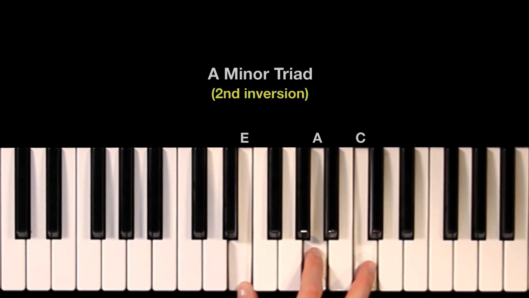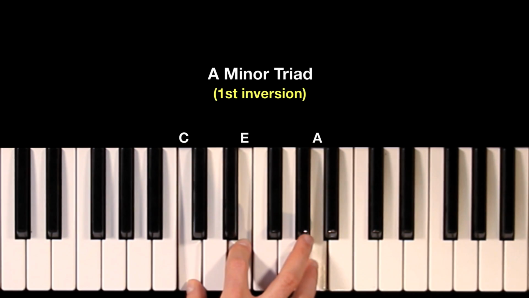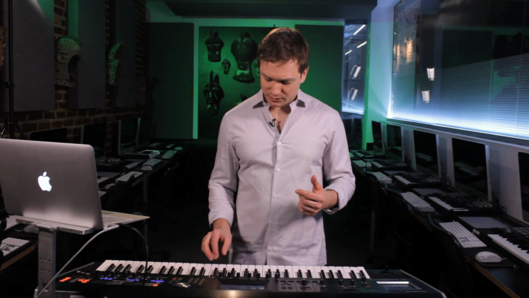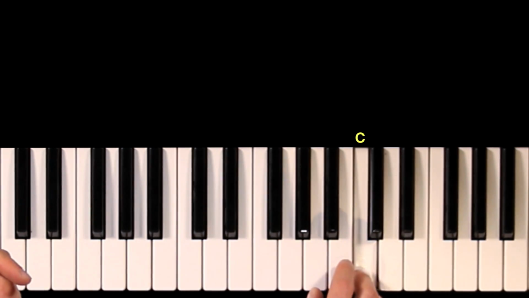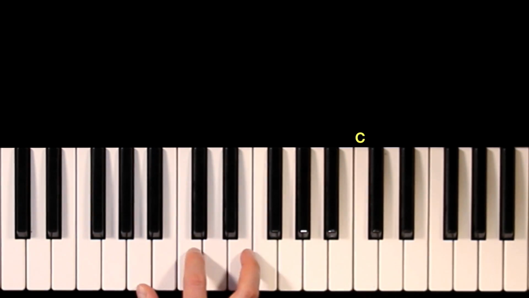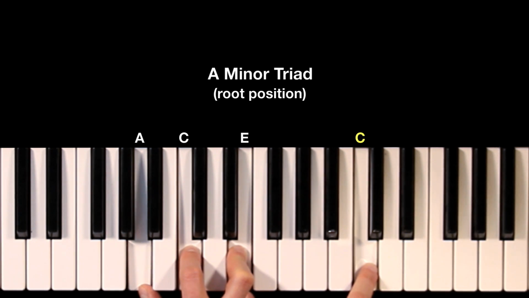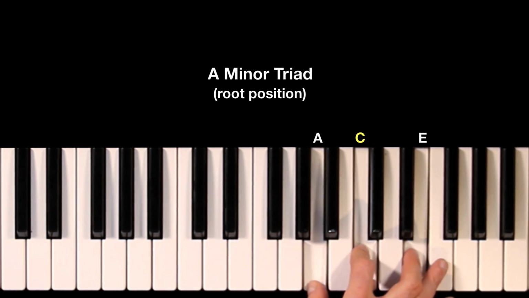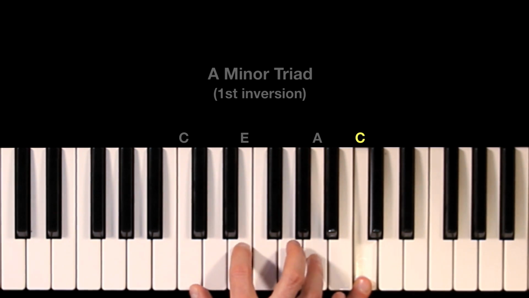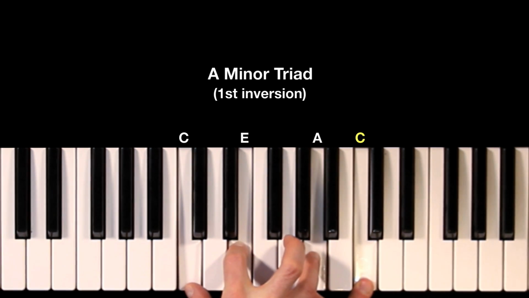So second inversion or first inversion. Also, if you're working with, let's say, a singer and the singer is singing up here and you don't want to be too low and too high covering up the singer, you may want to be just below the singer by using first inversion.